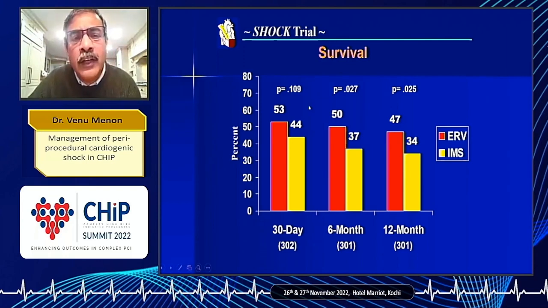The revascularization strategy could have consisted either of emergent PCI, and this was an era where all we had was balloon angioplasty, so there was no stenting in a majority of these patients, or patients went for emergent bypass surgery. On the conservative arm, the patients had an intra-aortic balloon pump, most got fibrinolysis, and you can see that in this relatively small trial, at the end of 1 year, we saved 13 lives per 100 patients treated.